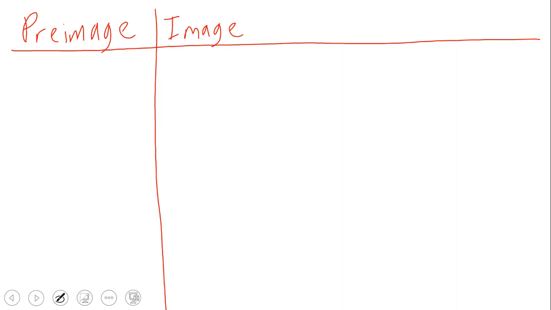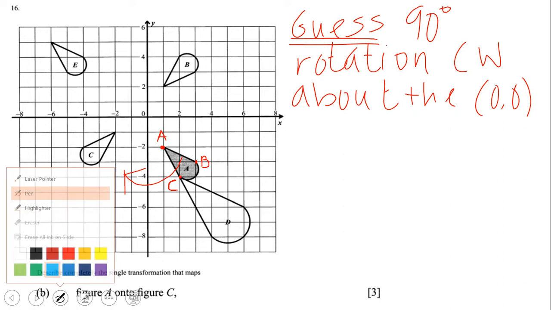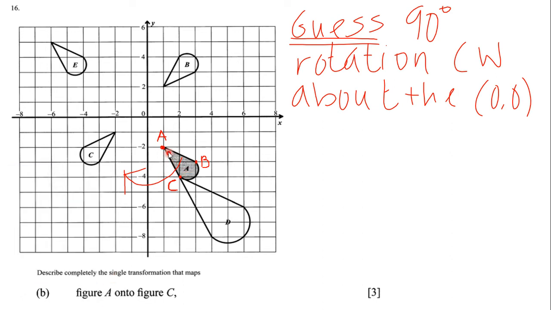So the pre-image is going to be, what's the coordinate of A? What is the coordinate of A?